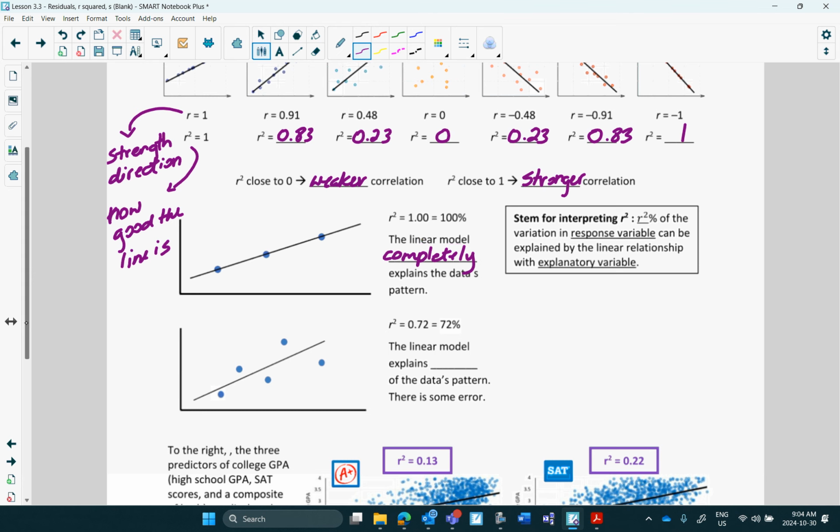And the lower it gets, the worse a predictor it is. So if it's, say, 0.72 or 72%, we could say it explains most of the data. So what does that mean? That means that there's some other things there that are explaining the data too, some other variables that are going on. Okay.